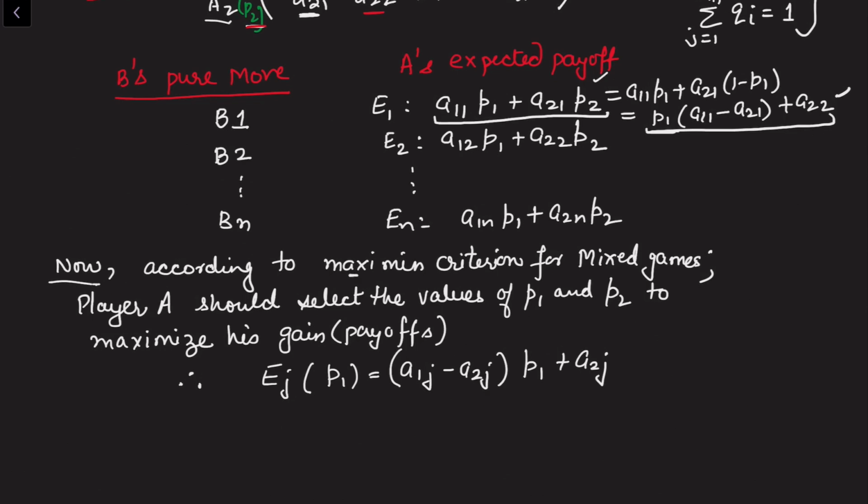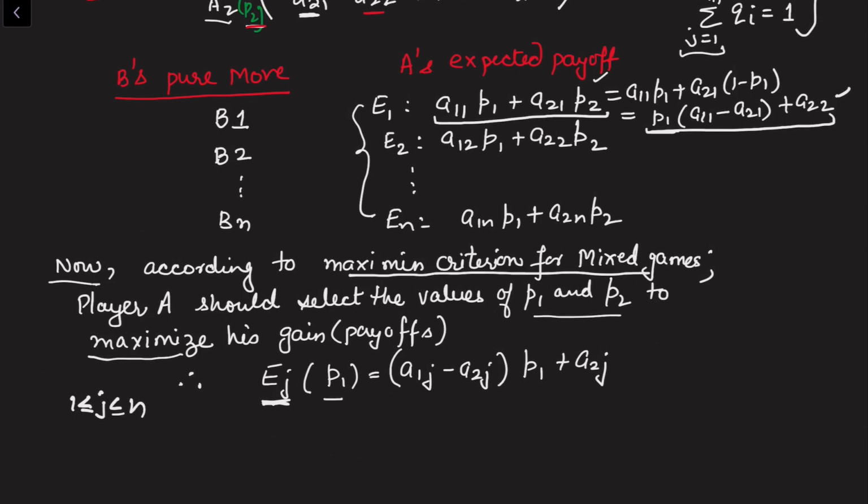Now, according to the maximin criterion for a mixed game, player A should select the values of P1 and P2 to maximize his gain. Each expected value that I have written here, I am now writing as Ej, where j moves from 1 to n, because there are n strategies available to B. You can see I have converted this only in terms of the first probability, so each expression is written in terms of P1 plus a constant term.